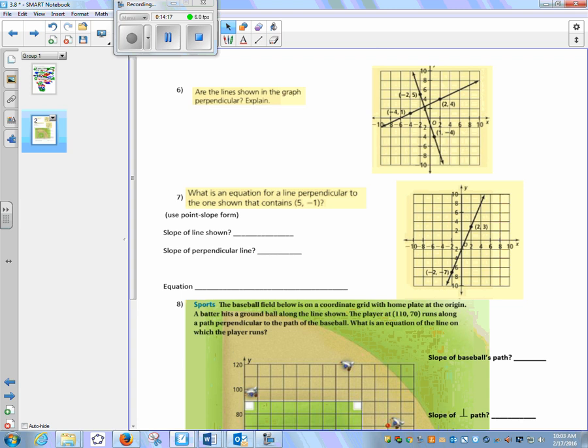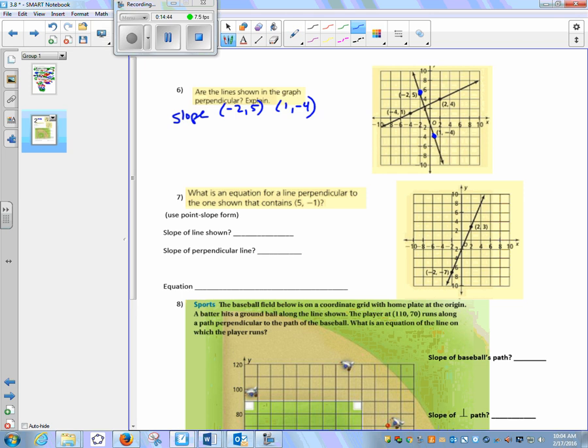So there's a few things that we can practice here. Are the lines shown in the graph perpendicular? And explain. What you want to do is find the slope of each line. So the slope of the line that contains these 2 points, right? You've got -2, 5 as one point, and 1, -4 as the other point.